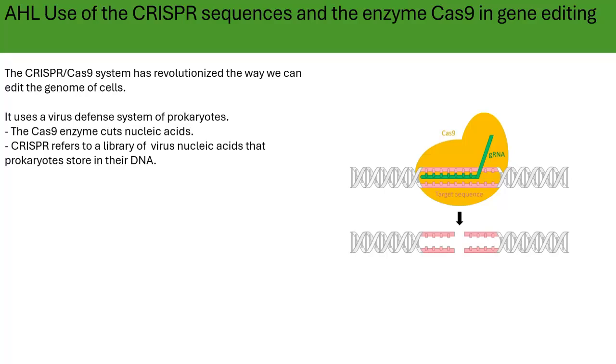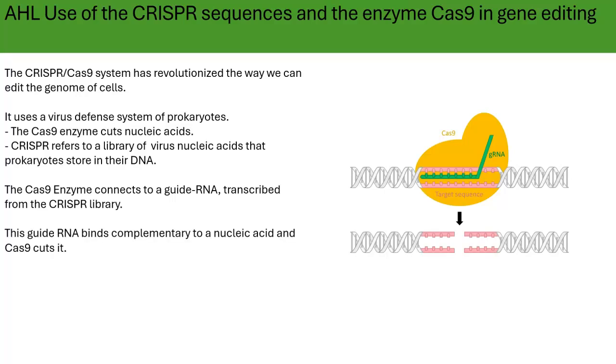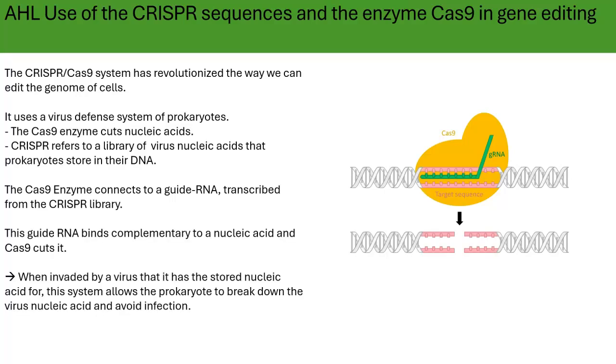So basically, if a prokaryote, a bacterium, is exposed to some virus that wants to kill it, this system can cut these into pieces. And they then store this DNA from the virus in their own DNA, and the Cas9 system has this little guide RNA in it.